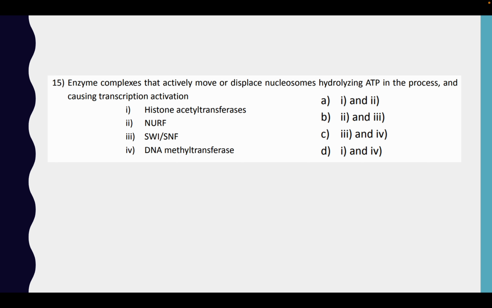Enzyme complexes that actively move or displace nucleosomes, hydrolyzing ATP in the process and causing transcription activation. I hope it is clear now. You should answer this question.